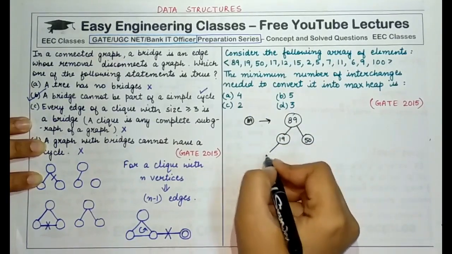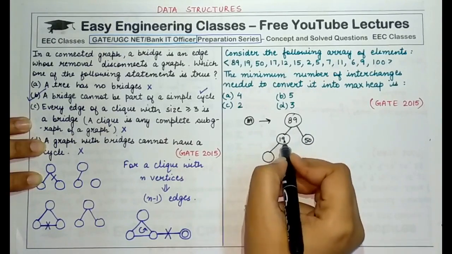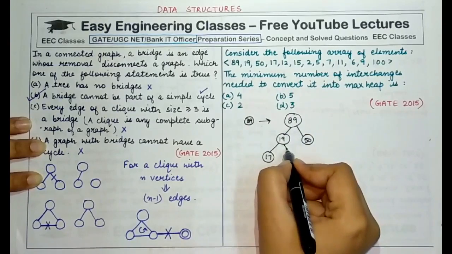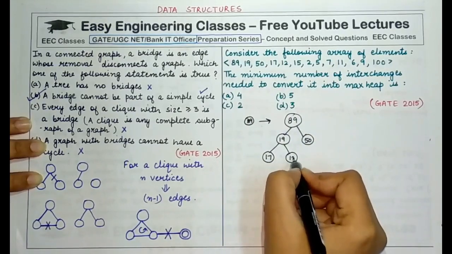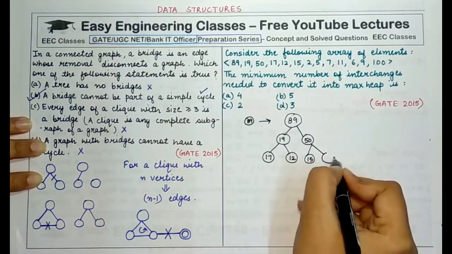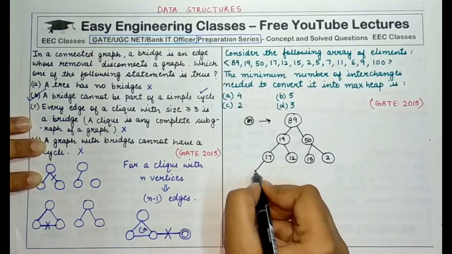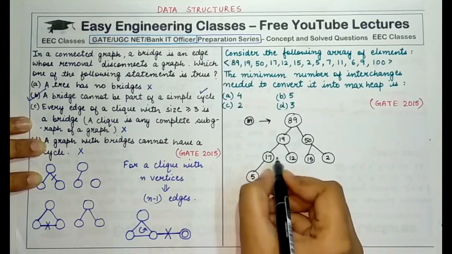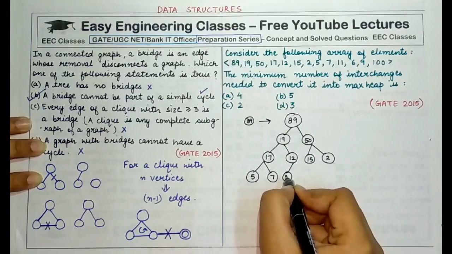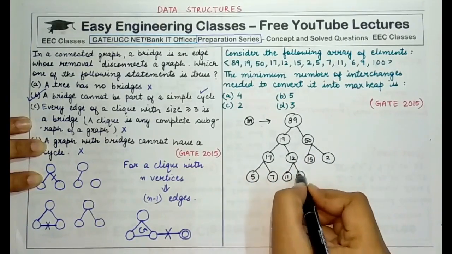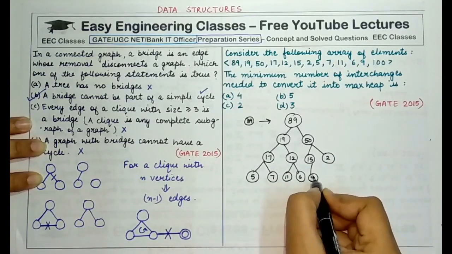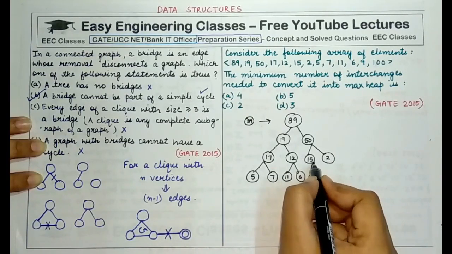So this would occupy the place of the left child of 19, then 12, the next empty place, then 15 would come here, then 2, then 5, then 7, 11, 6, then 15 would have a child of 9, and the last element is 100.